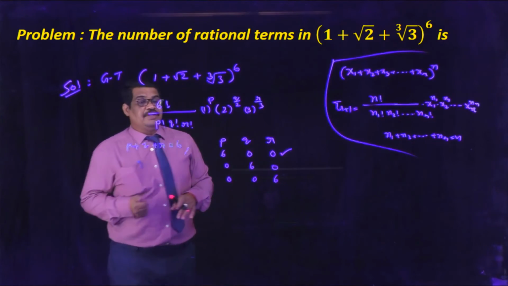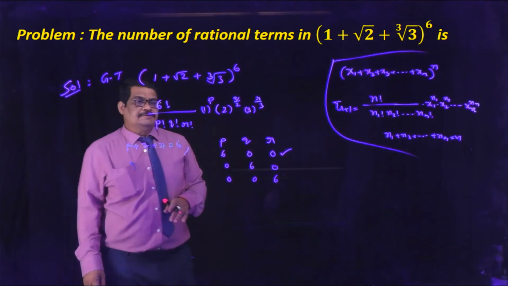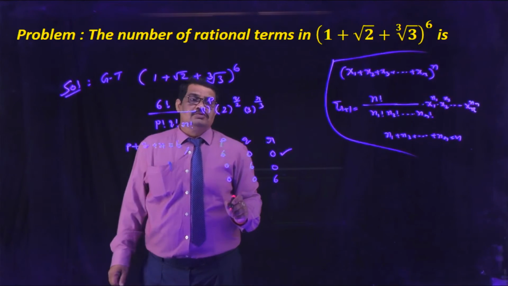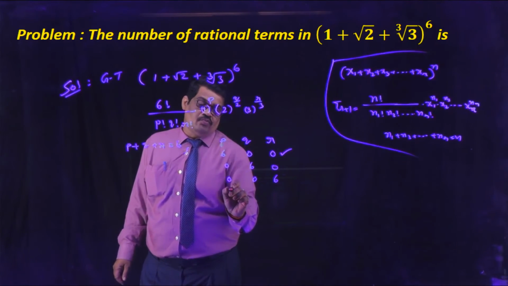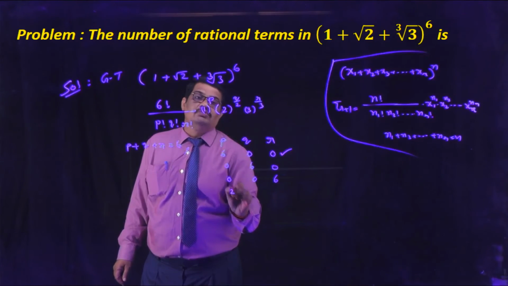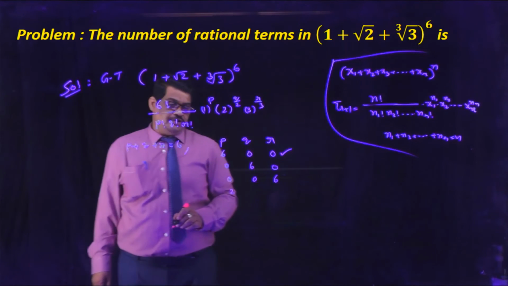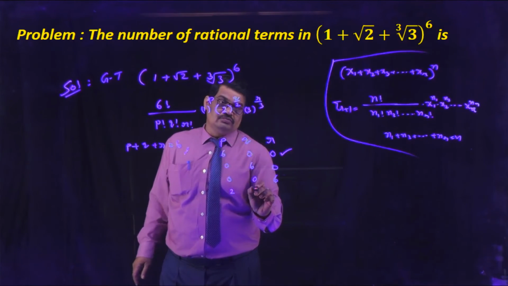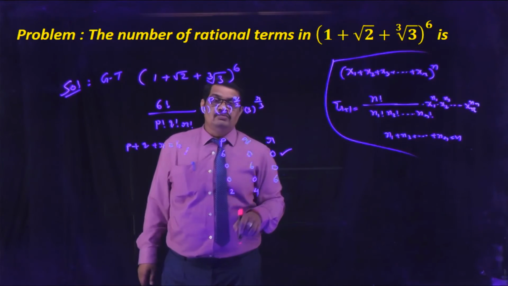Next chance: p is equal to 2 and q is equal to 4.